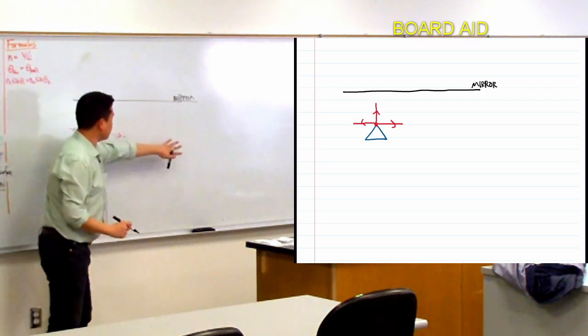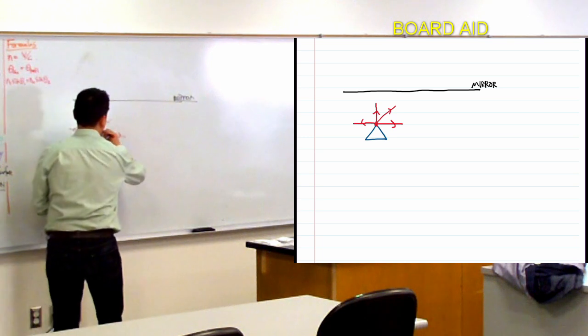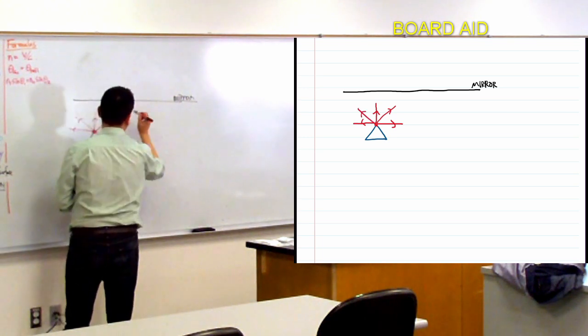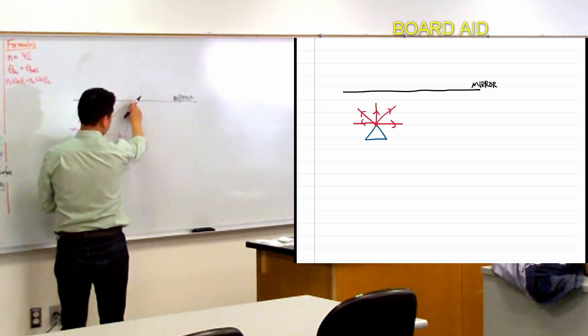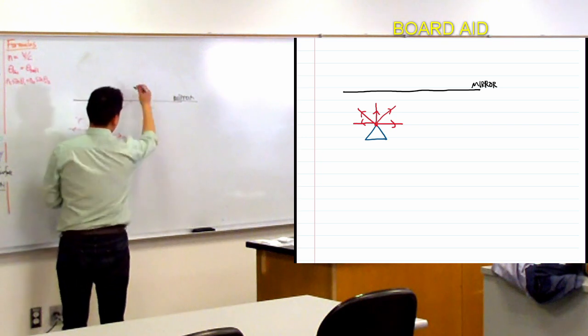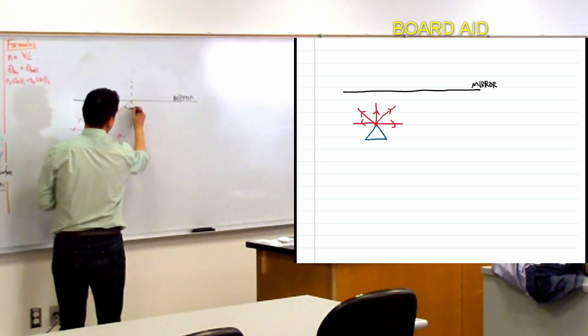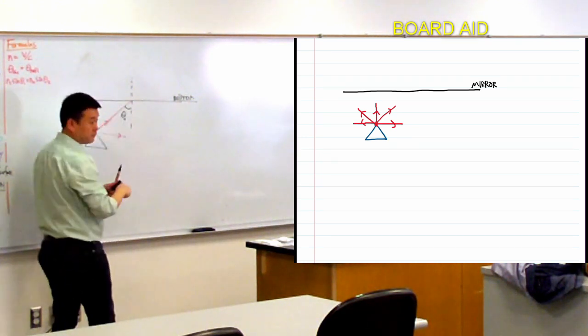And for a particular person here, this particular ray of light would hit the mirror, and it undergoes reflection the way we were describing last week.